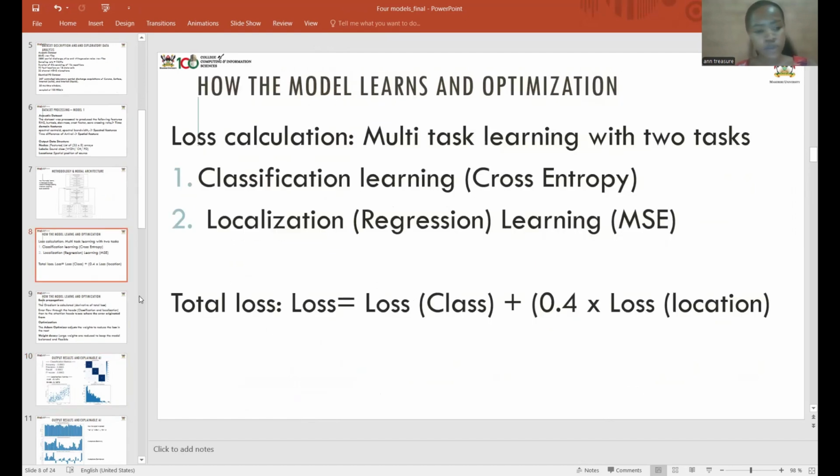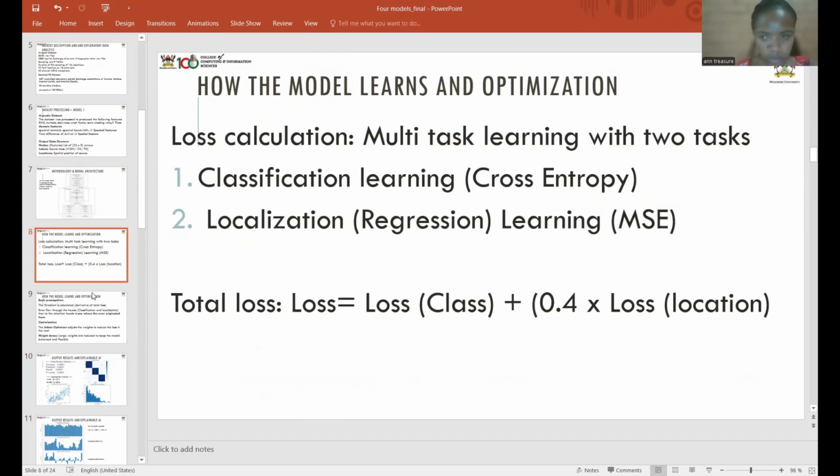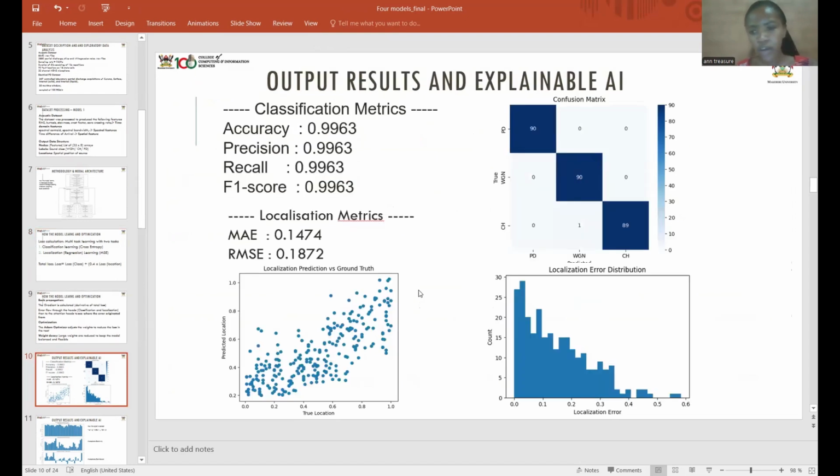And these were the output results, whereby we had a high accuracy for classification of 99%. The localization had a really low error.